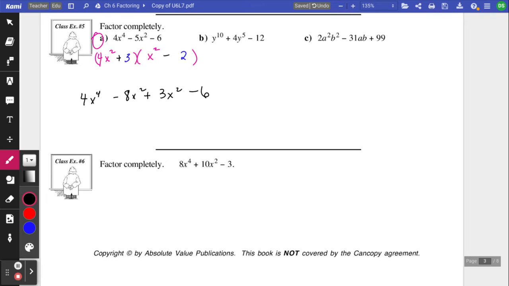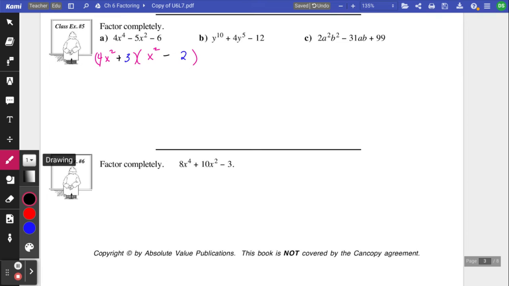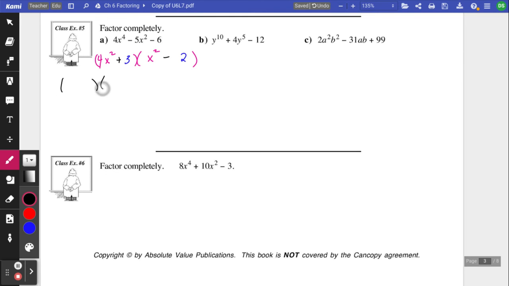Yeah? Okay, good. Can you factor further? Yes. Where? The first bracket. What would you do with the first bracket? Square root. X squared. No. So you're going to go like this, you mean? Keep this one the way it is, and you would do something with this first bracket? What would you try to do? 2x. Okay. Don't write this down.